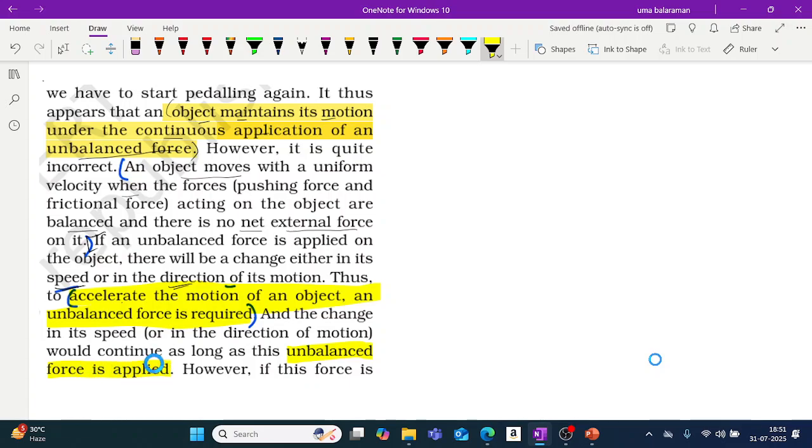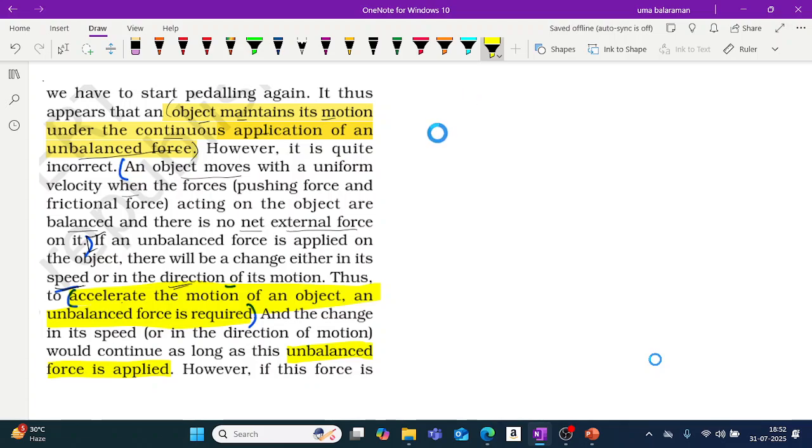What they are saying is you pedal and then you stop pedaling, it will go forever. You start the car, come to some speed, and then you don't need to drive it anymore, it will keep going forever, if the net force is zero. So unbalanced force is needed only to start.